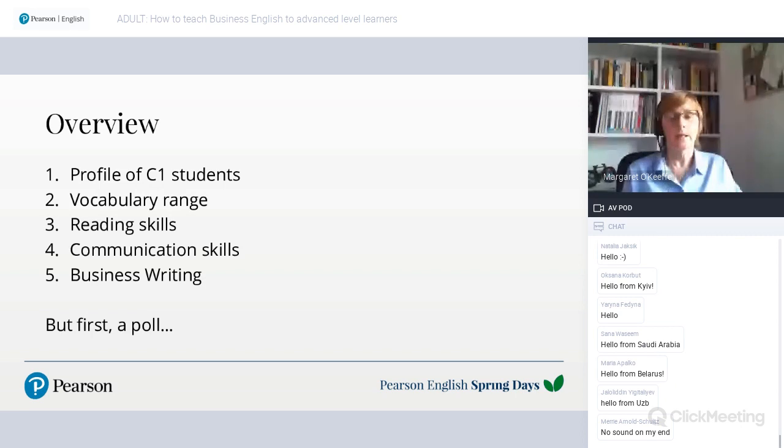Number two being enriching and broadening their vocabulary range, how we do that. Another one is looking at how we can help them develop their reading competence. And also we're going to look at the communication skills for the workplace, how we can help them with that, and finally how we can help them with business writing.